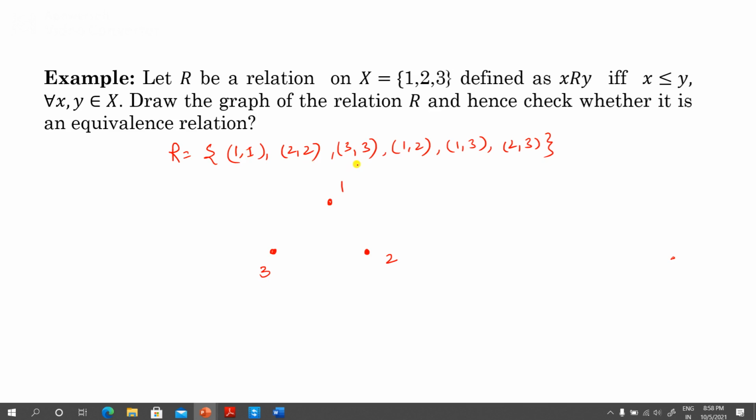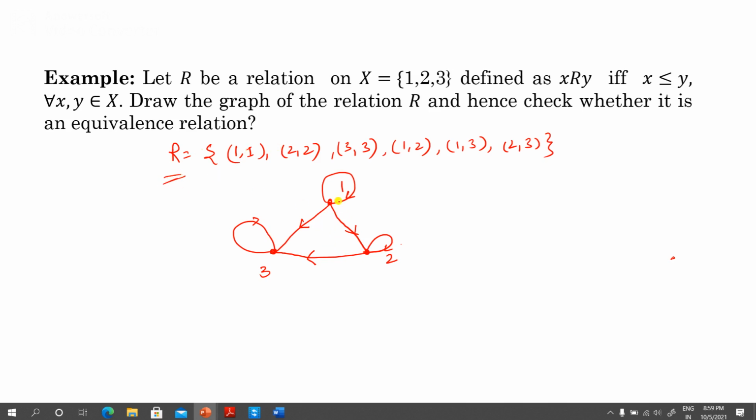Now (1, 1), (2, 2), (3, 3) will be a self loop at 1, a self loop at 2 and a self loop at 3. Now (1, 2) is a directed edge from 1 to 2, (1, 3) is this edge, and (2, 3) is this edge. So this is the graph of the relation R.